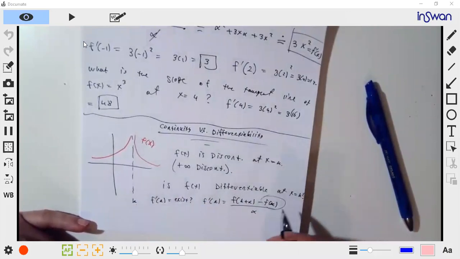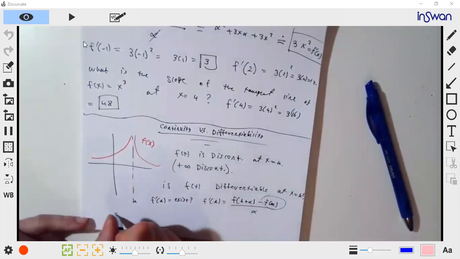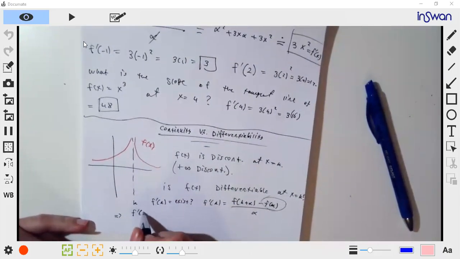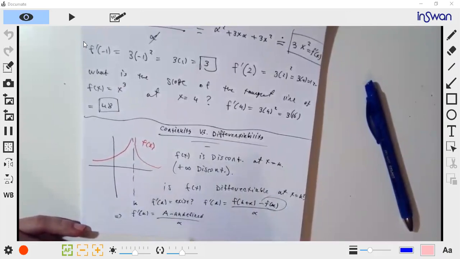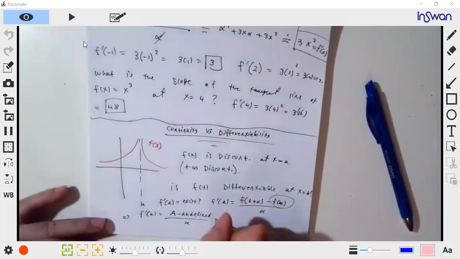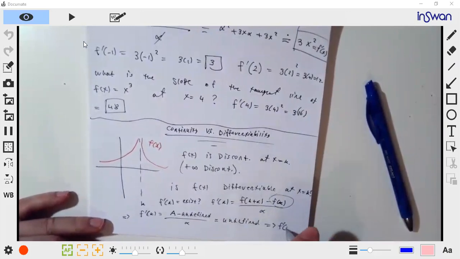So that implies f prime of k is equal to, you could say that f of k plus alpha is positive infinity, let's say capital A, minus an undefined quantity, all over alpha. This is undefined. So that implies the derivative does not exist.